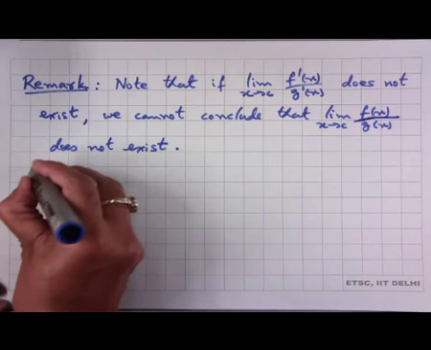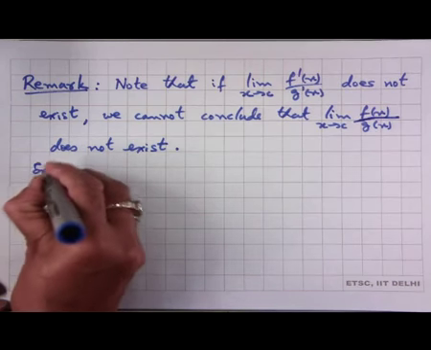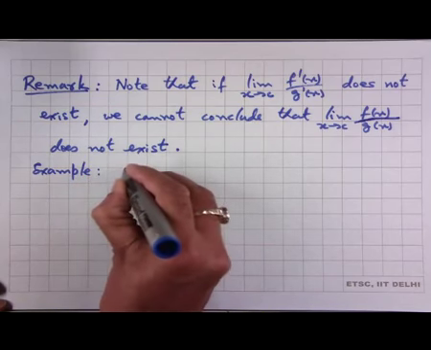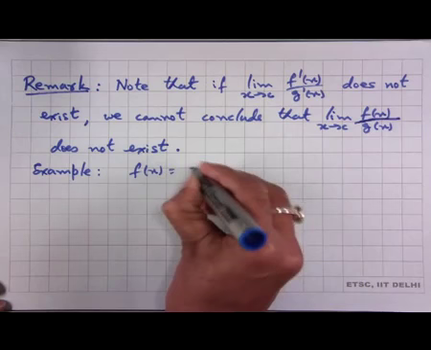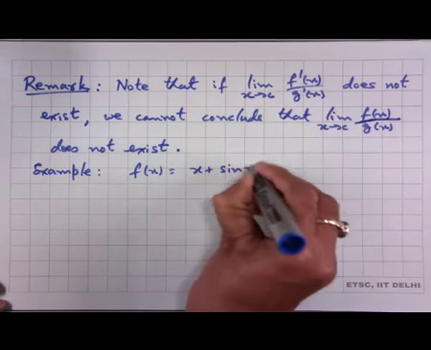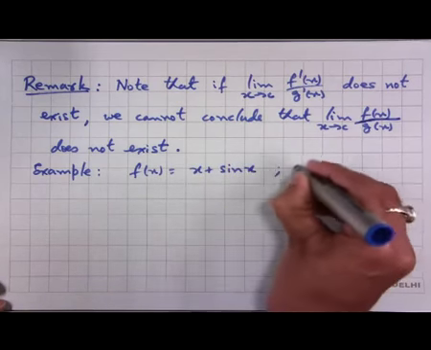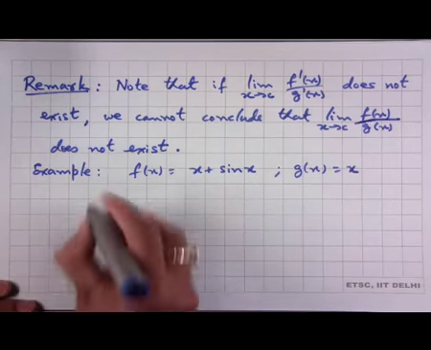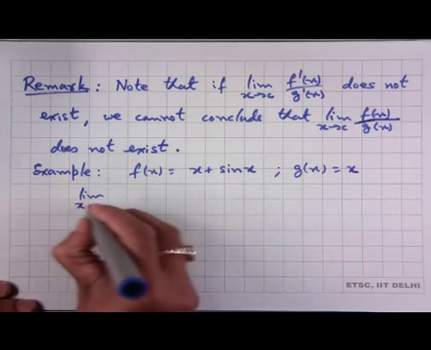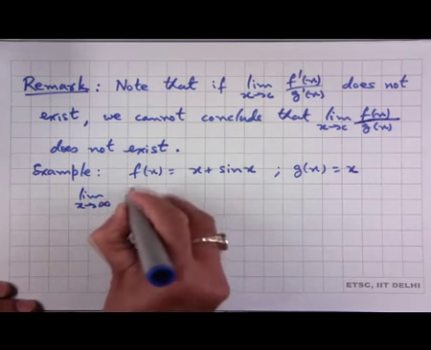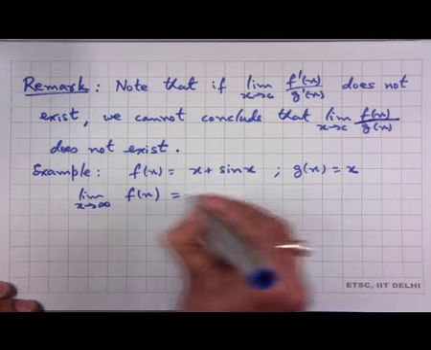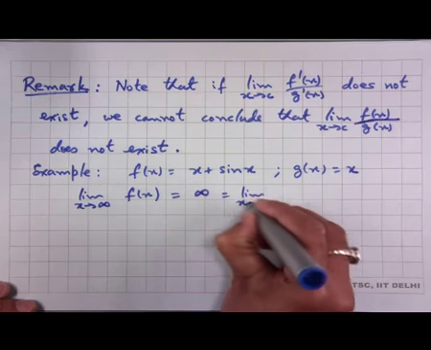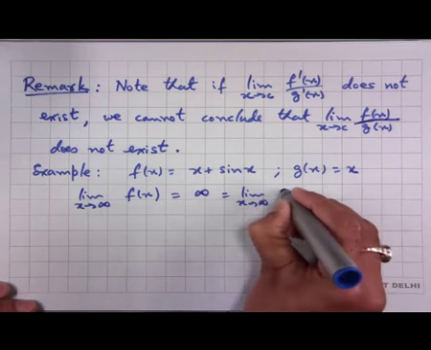For example, take f x equal to x plus sin x and g x equal to x. Then limit x going to positive infinity of f x is equal to infinity, which is also the limit of x going to infinity of g of x.